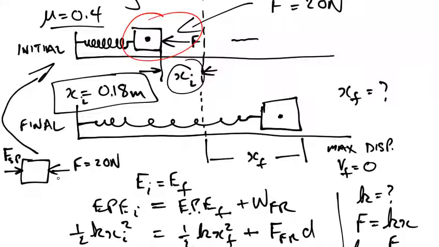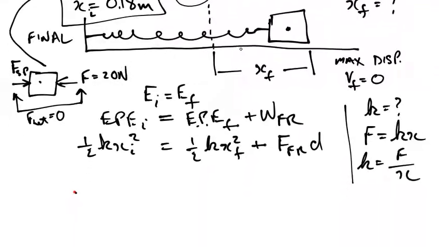Those two forces have to be equal and opposite, such that the net force on that mass is 0. So we don't need friction. The friction doesn't play a part in determining the spring constant here.